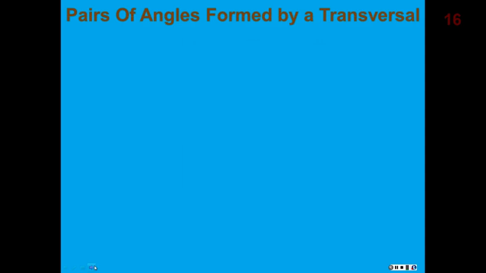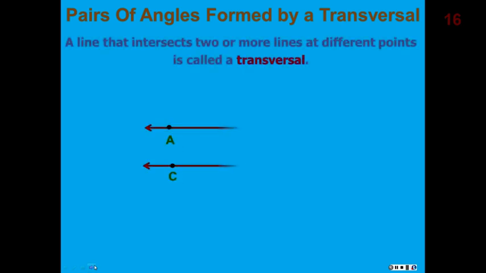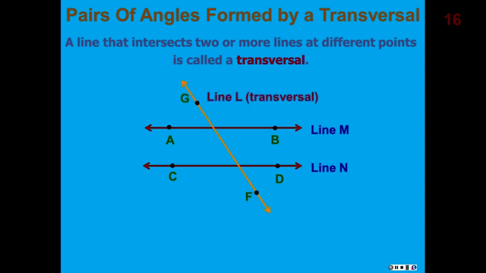All right. Pairs of angles formed by a transversal. Remember, a transversal is a line that intersects 2 or more lines at different points, and it's called a transversal. And these 2 lines have to be parallel, equidistant from one another, to form these angles.